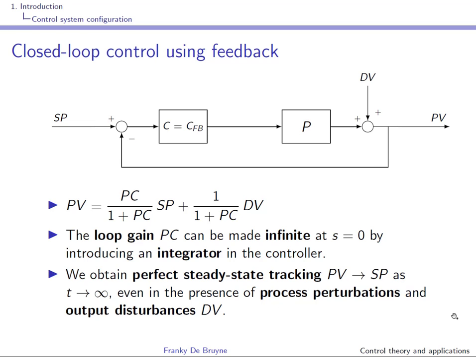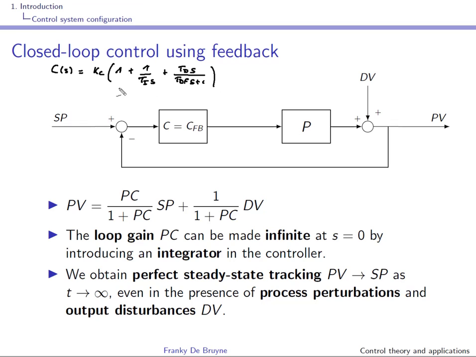We will see in section 4 that the controller that we'll be using in this course is KC, the control gain, times 1 plus 1 over TI S plus TD S over TDF S plus 1.